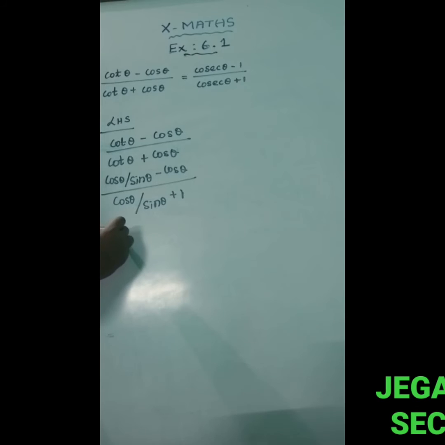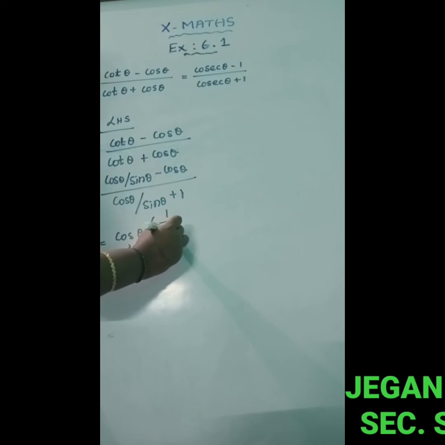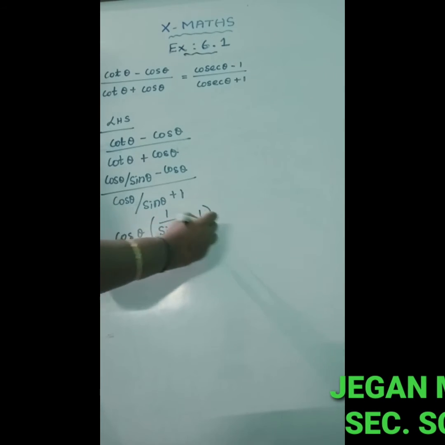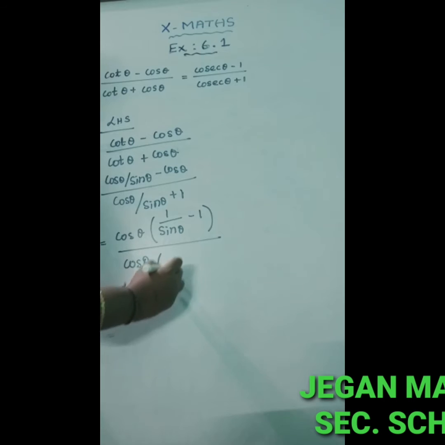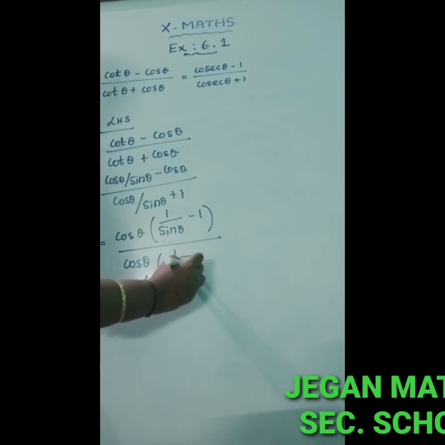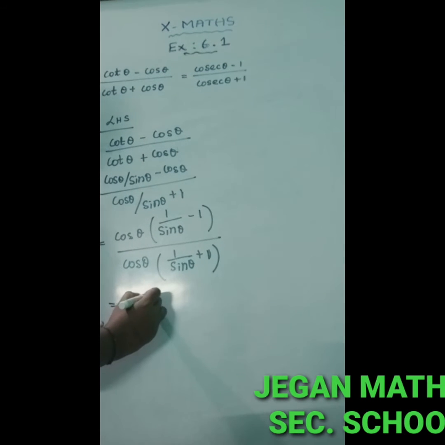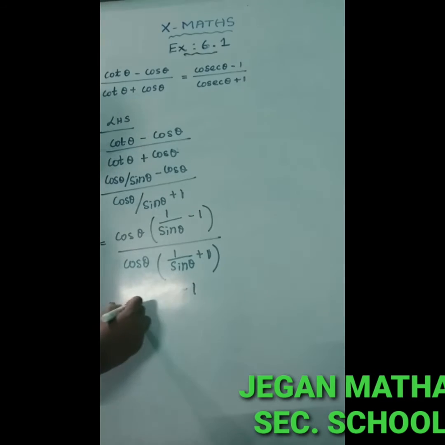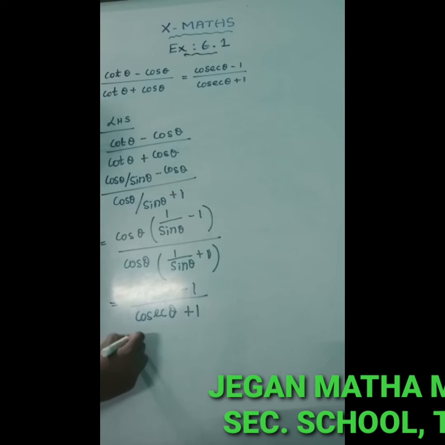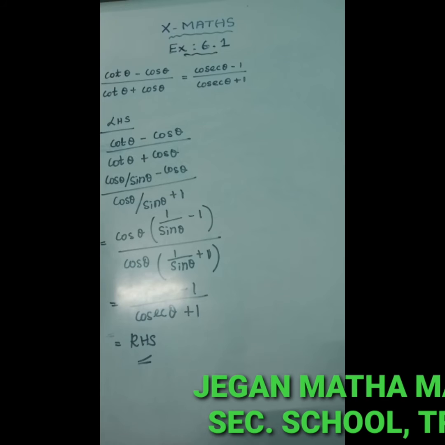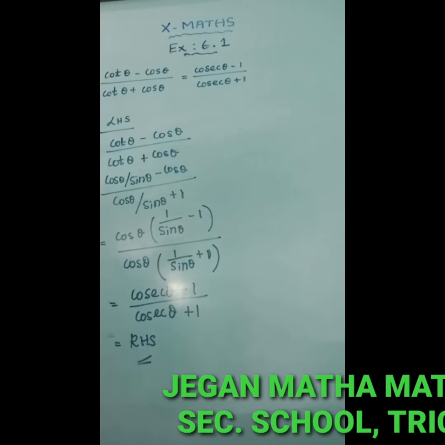So we take cos theta in common. In the numerator we have 1 divided by sin theta minus 1, and in the denominator 1 divided by sin theta plus 1. So we write it as cosecant theta minus 1 divided by cosecant theta plus 1, that is the right hand side. So we take the left hand side and prove the right hand side. This is the solution for the second one.